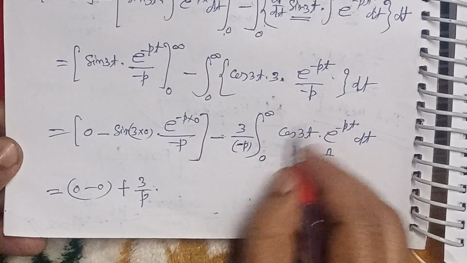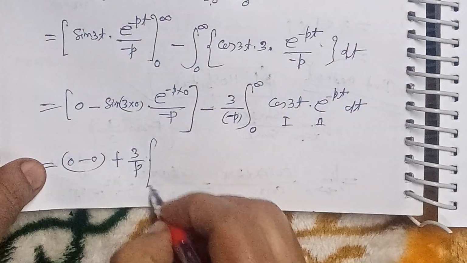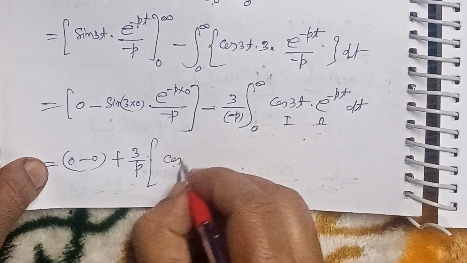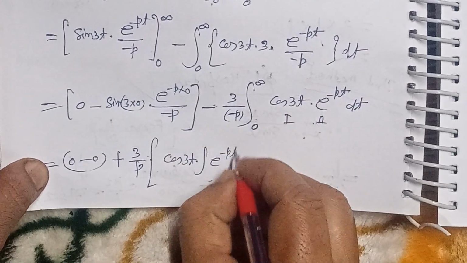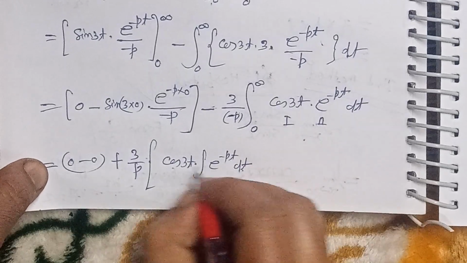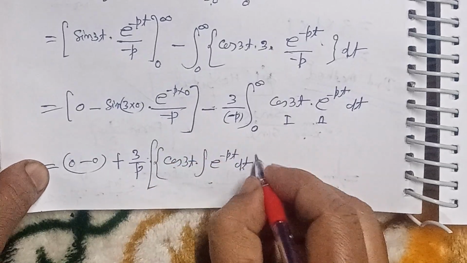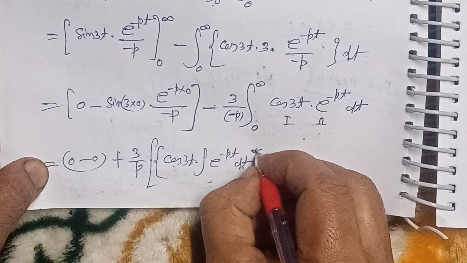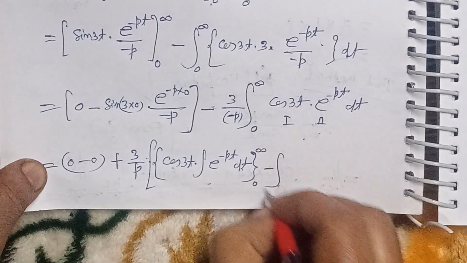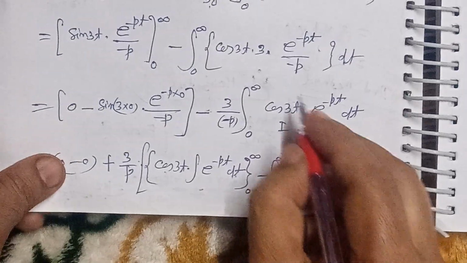Now apply this formula again. So write first function as it is, which is cos 3t, and integrate second function. You can put the direct value and apply the limit also, because after it the second term will start which is minus integral 0 to infinity.